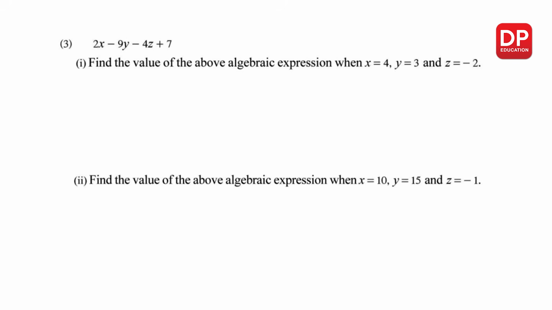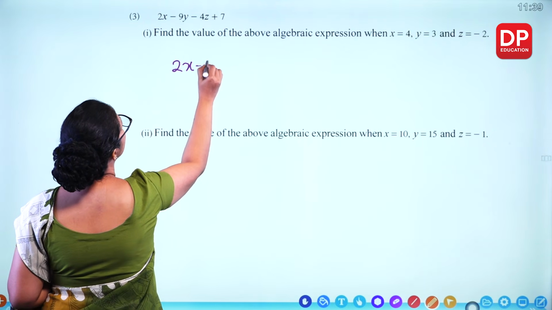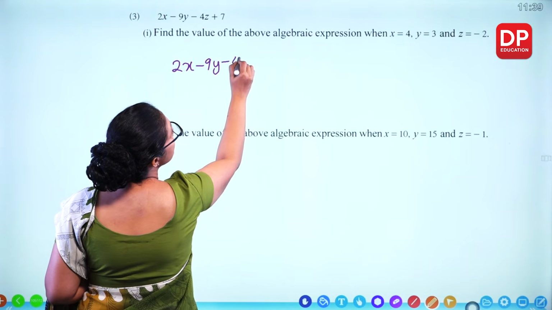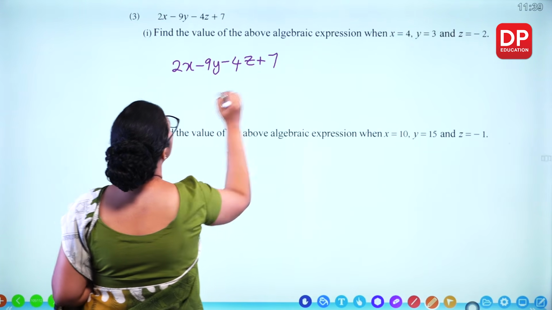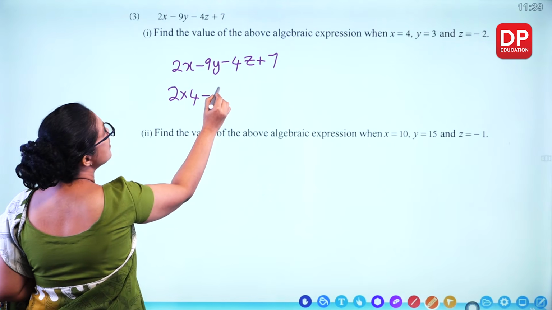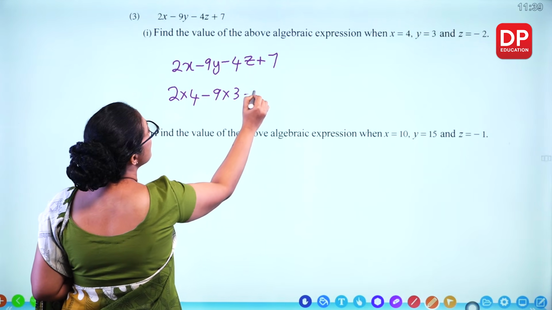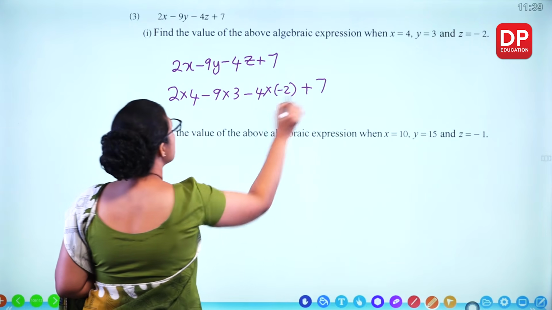Third question, you have given an algebraic expression. Find the value of the above algebraic expression when x equals 4 and y equals 3 and z equals minus 2. Substitute 4 here, y 3, z minus 2 and 7 here.